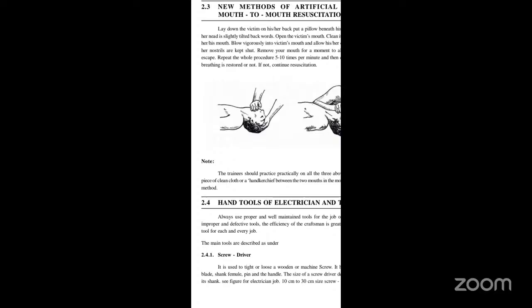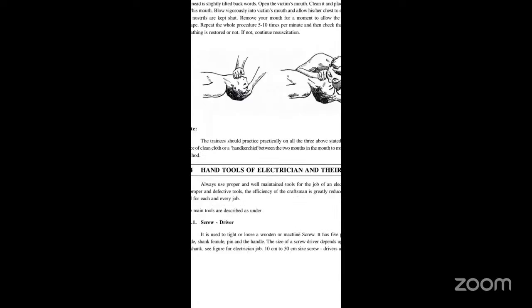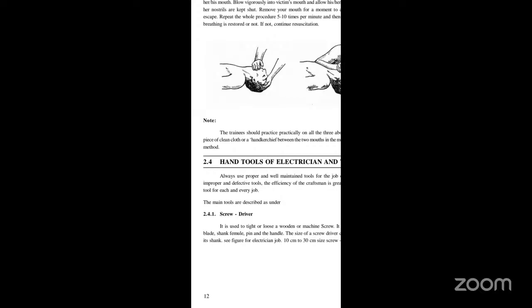So, up to this, we have seen the treatment for electric shock. Now, hand tools of electrician and their care. What are the hand tools required for an electrician, and their care? Always use proper and well maintained tools for the job of an electrician.